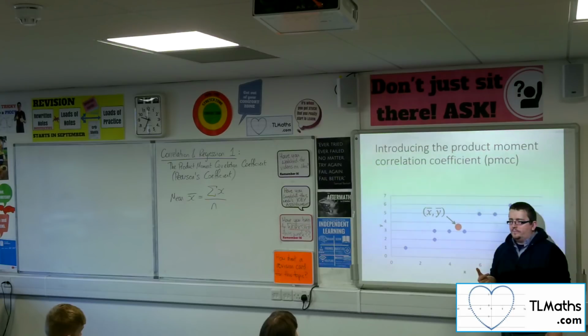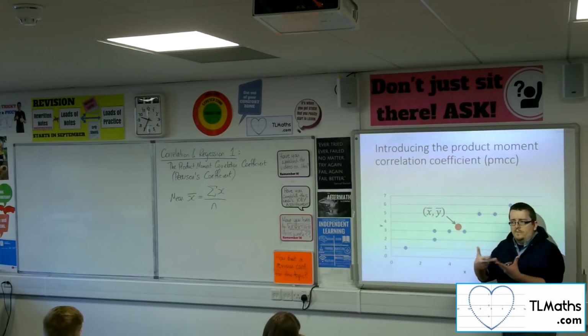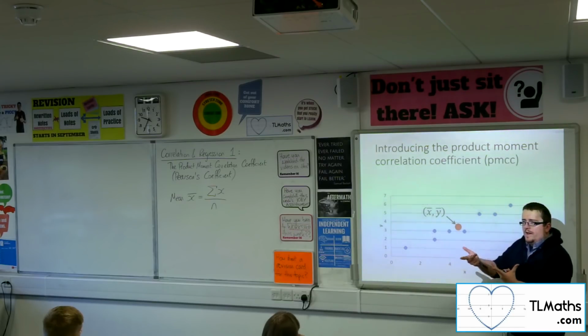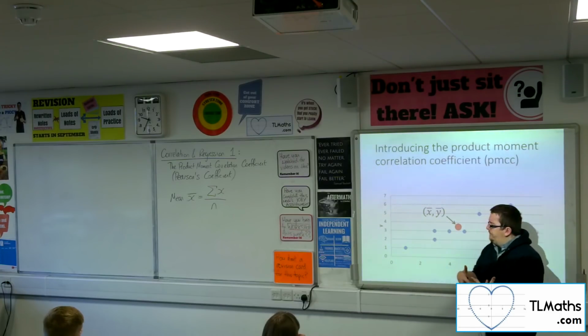Can you remember we were trying to find the average distance away from the mean? We subtracted the mean from each of the data points, and we squared them, because some were positive and some were negative, to make them all positive. Then we divided through by n, and then square rooted back. Can you remember us doing that?